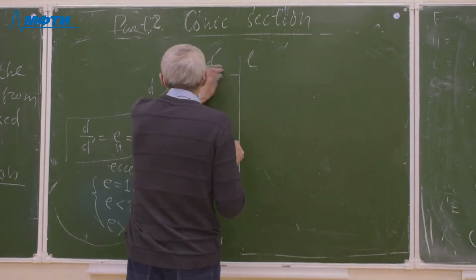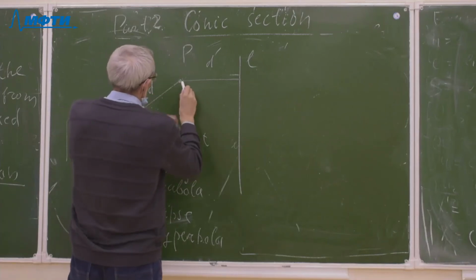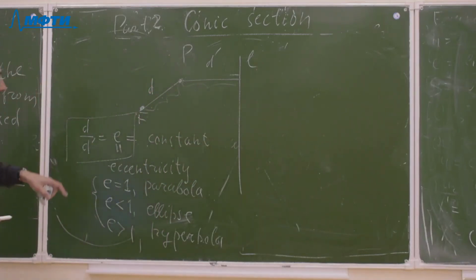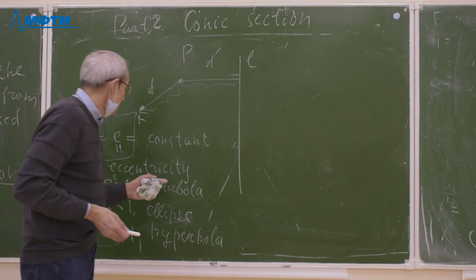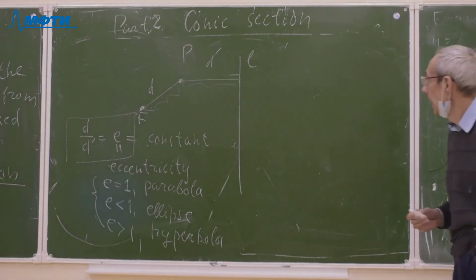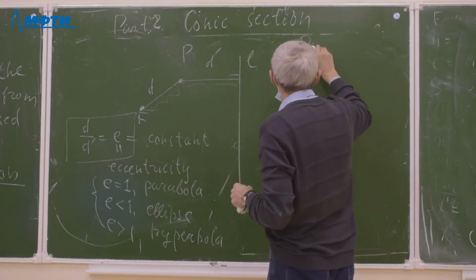In the first case, these distances are equal, and in this case we obtain the conic parabola. Let's consider the first case, the parabola.